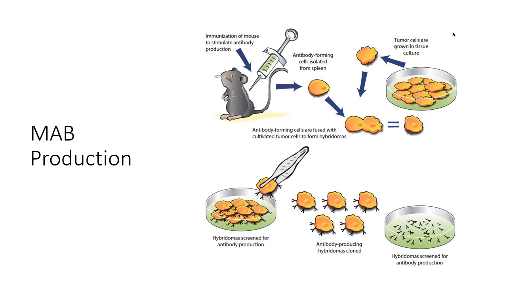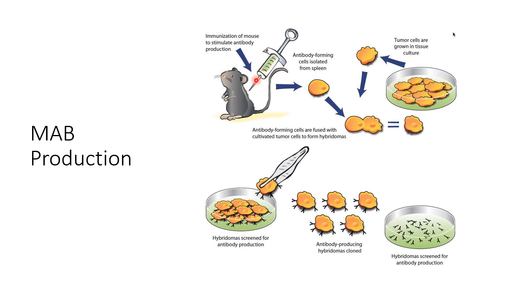So again, let's remember that monoclonal antibodies come from only a single specific lymphocyte. So how do we do it? We immunize a mouse or a rabbit with a particular antigen.